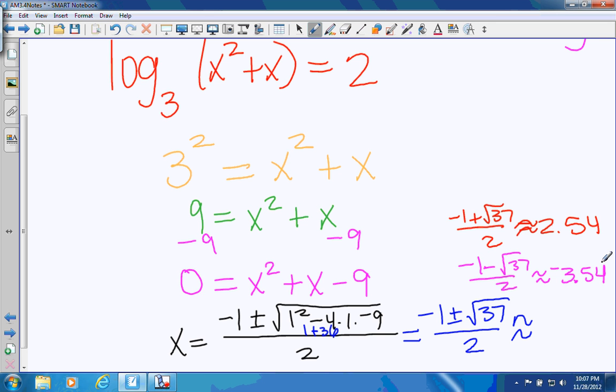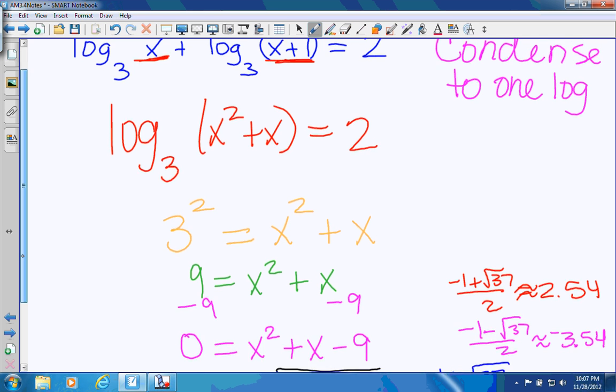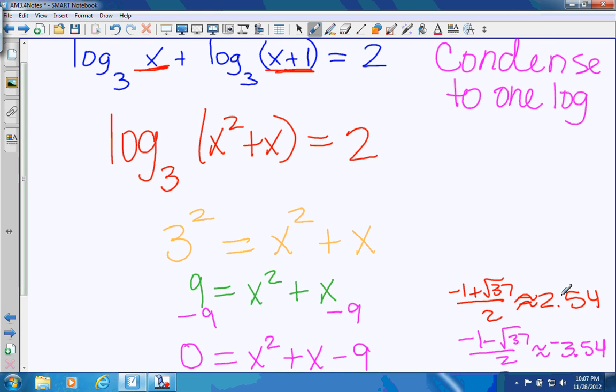And so now, if we go back to the original problem, if we substitute 2.54 into this, that's still greater than 0, so it's okay. If you substitute it into that, it's still greater than 0, so it's okay. So 2.54 is a solution.